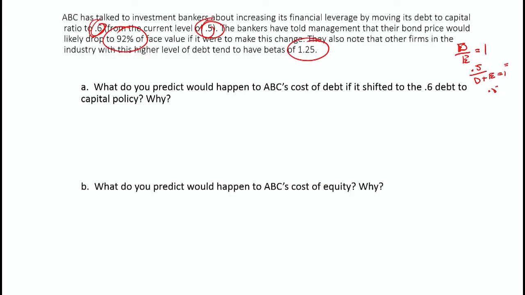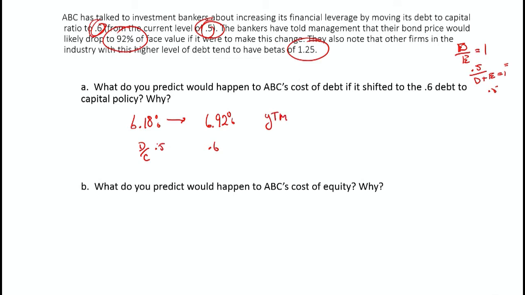In this particular case, the cost of debt is going to go to 6.92%. Now what we had before was 6.18%. So this increase is solely due to the fact that the debt to capital ratio went from 0.5 to 0.6, and the yield to maturity went up because the default risk premium went up.